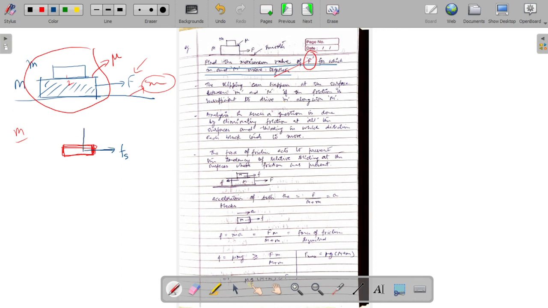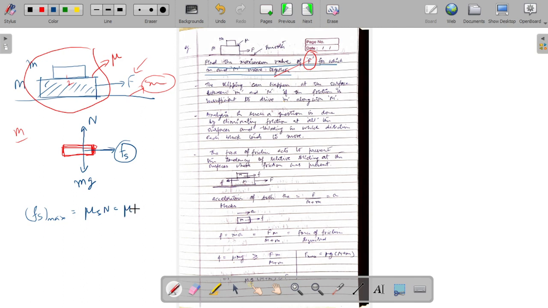The normal reaction on this block is some n, and the gravitational force is some small mg. So the maximum value of static friction which can act on the block above it would be having the same value which we have calculated earlier. The maximum value of static friction is mu s into normal reaction, which is mg.